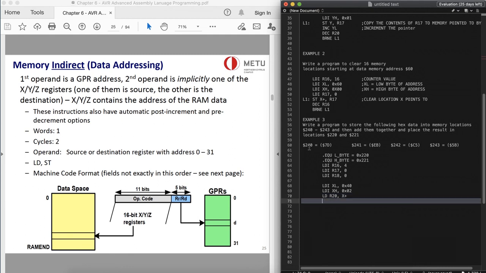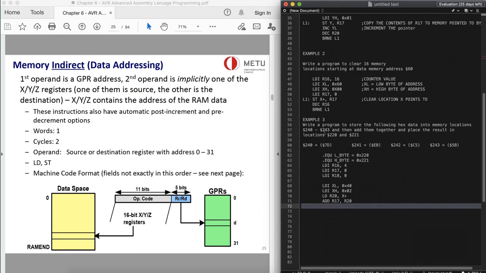Then what we can do, we can say add R17 and R20. That means we are adding the first value. So we are going to store the addition into R17. Okay, so we initialize R17 to be 0, and then we start to add the values in there.